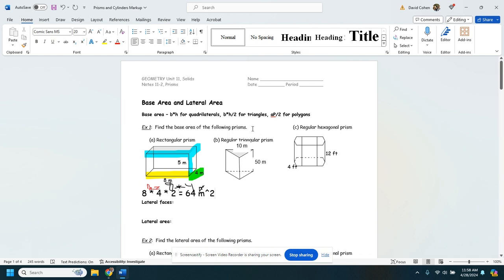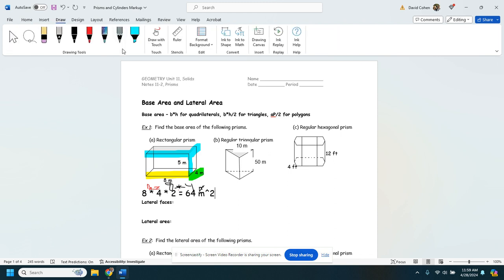For a regular triangular prism, we have a base here, length of 10, and this is a regular, meaning all sides are equal. So we have 10 and 10 and 10. We're trying to figure out our height.